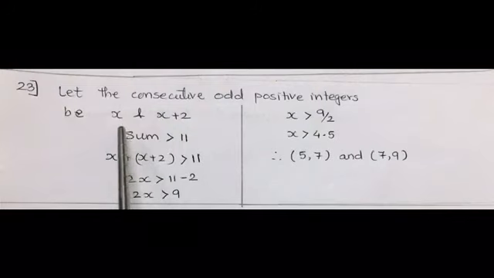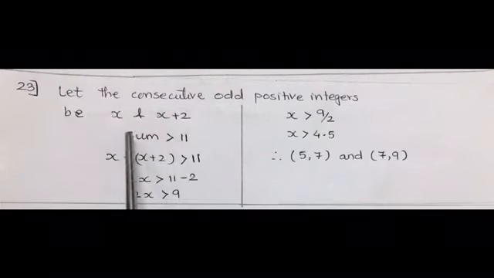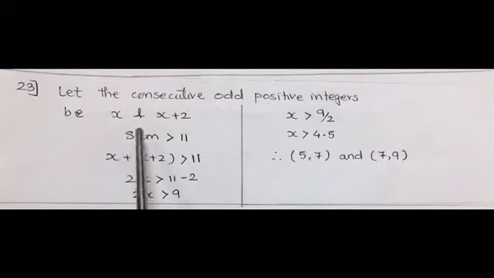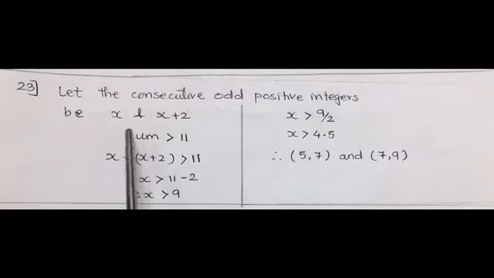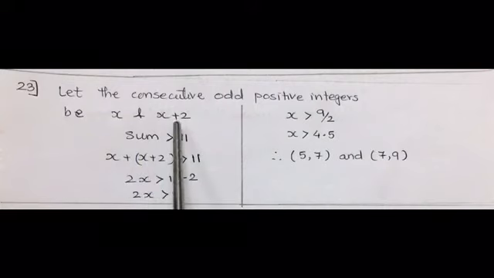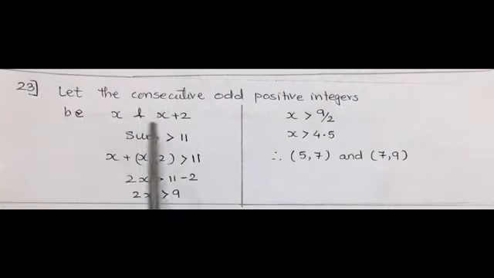Say for example 3 and 5, they are consecutive odd integers, and if with 3, 2 is added, then we get 5. So whenever two consecutive odd integers are to be taken up, if one is x, another will be taken as x plus 2.